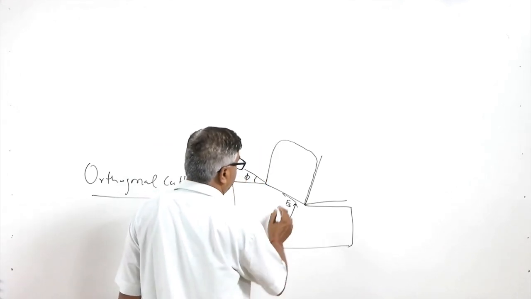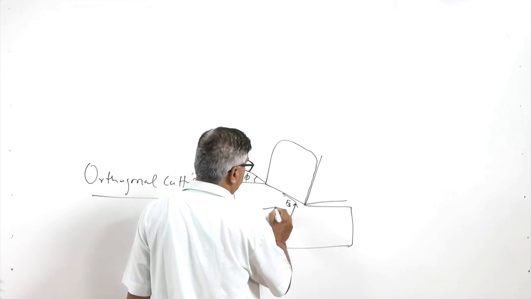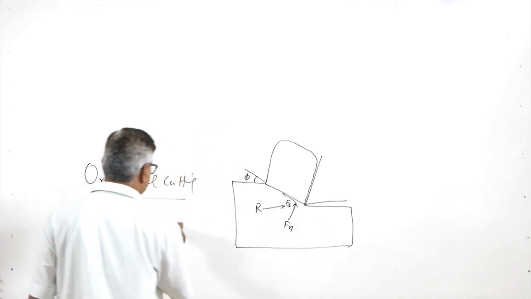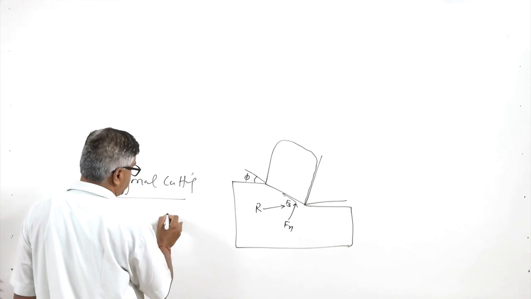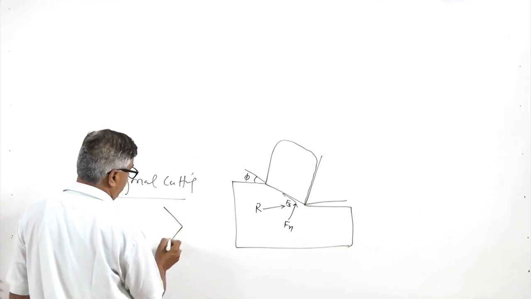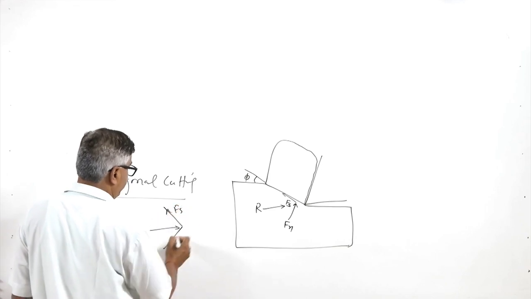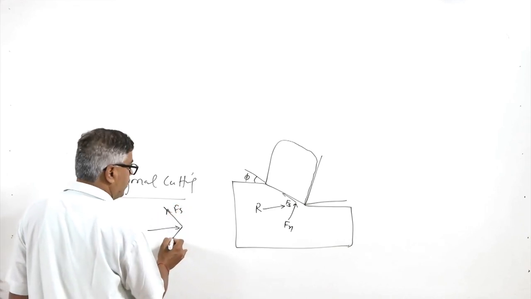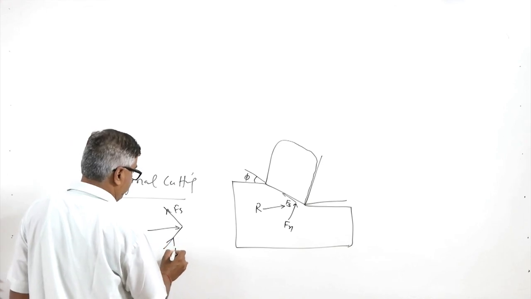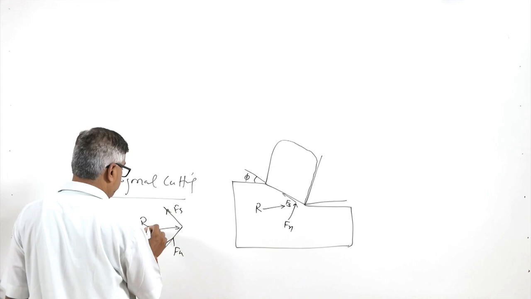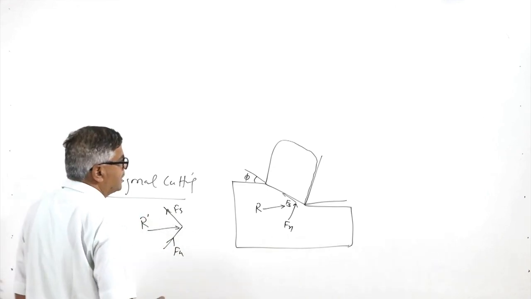The resultant of these two will be acting like this, R. So, the combination of the shear force Fs and the normal force Fn on the shear plane gives the resultant force, say R dash.